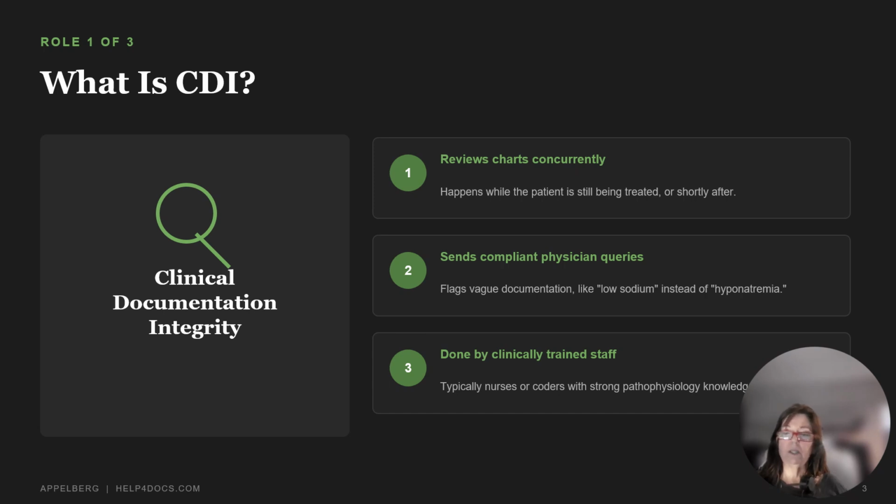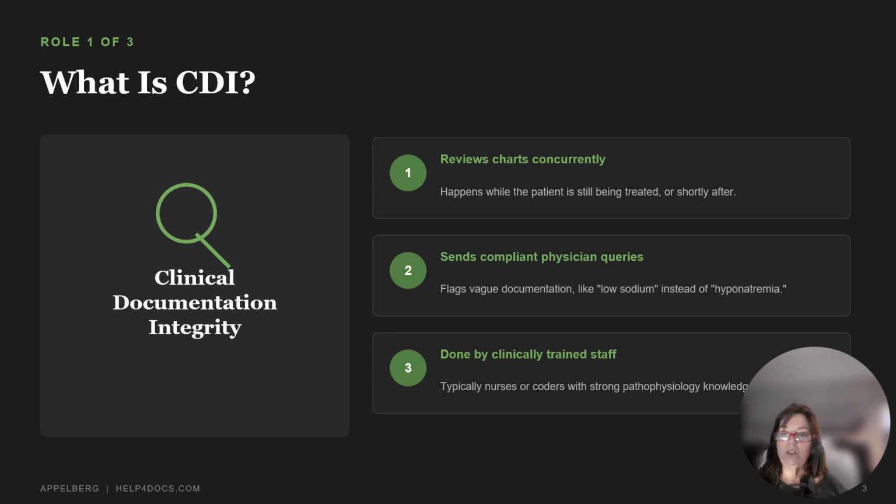Clinically, the doctor did their job, but from a documentation standpoint, that chart is incomplete, because low sodium isn't a codable diagnosis the same way that hyponatremia is. And that's where a CDI specialist steps in.